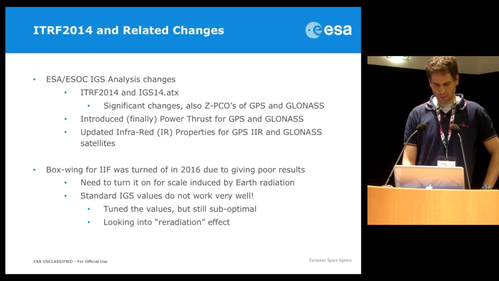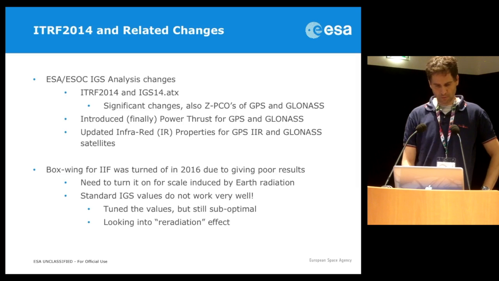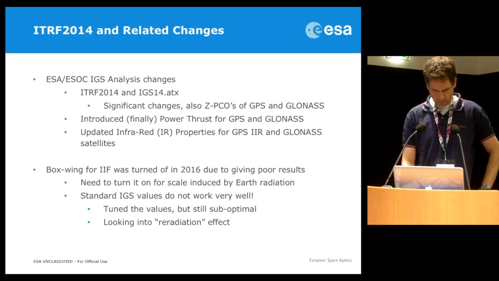So then we found that our infrared properties for the GPS 2R and GLONASS satellites, that those values were much too small. So we slightly changed them, basically used the values that are commonly used in IGS. And that brought us very close to the IGS combined scale. I have a plot on the next slide that will show that.